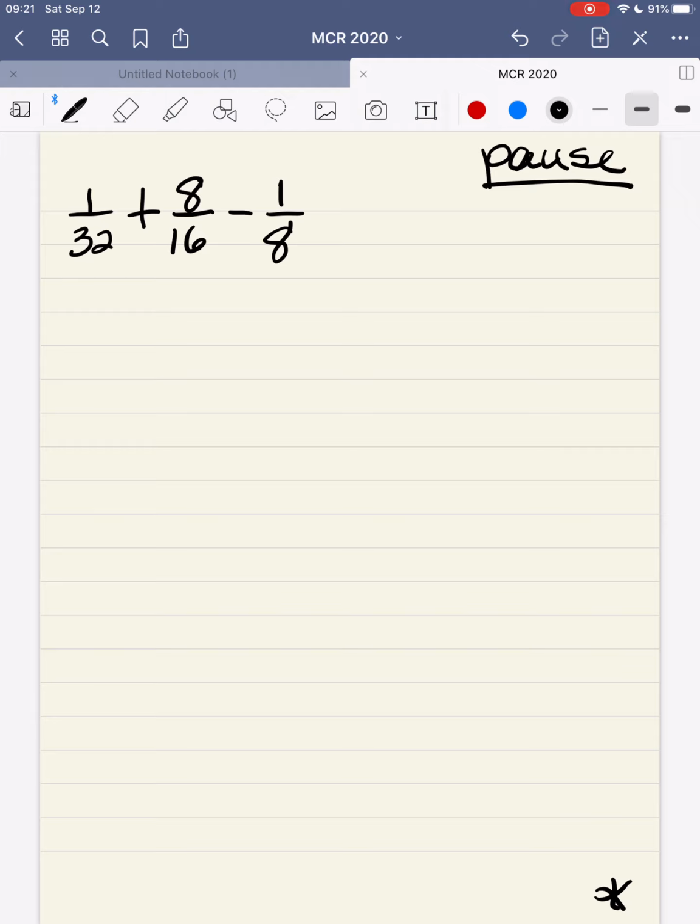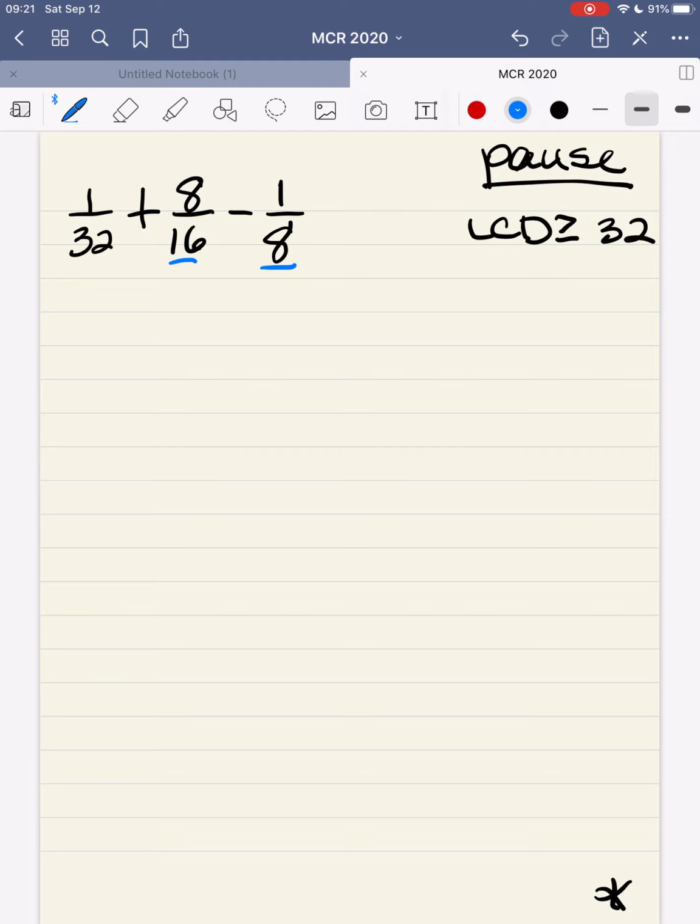Okay, first thing I want to do is find my LCD. And what I want to know is, first of all, my LCD has to be greater than or equal to 32. Okay, and I want to ask myself, can I multiply both the 16 and the 8 by something to get to 32?